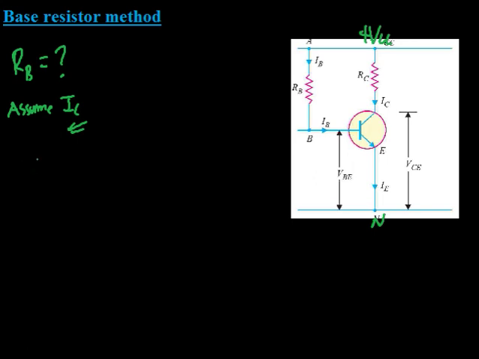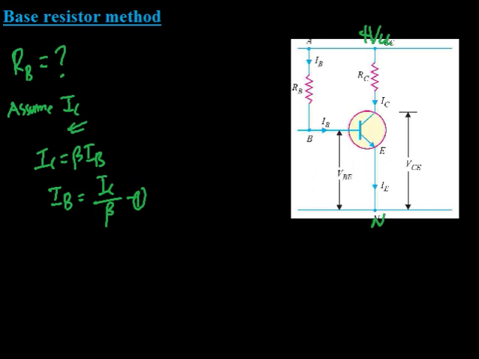From IC we can have the relation IC is equal to beta IB. So from this equation we will get IB is equal to IC by beta. Let it be equation number 1. Now we have the circuit.